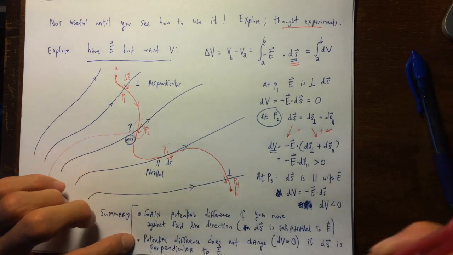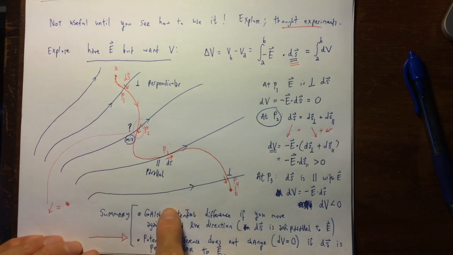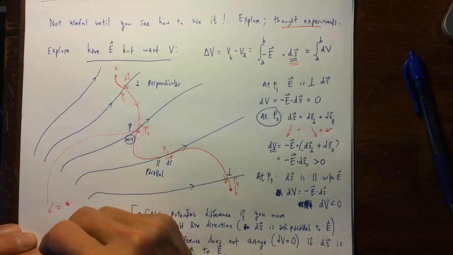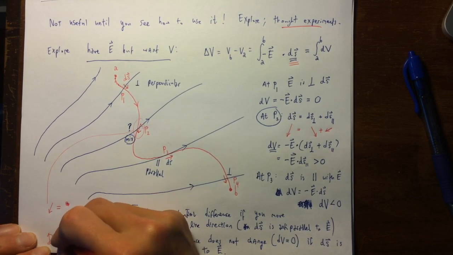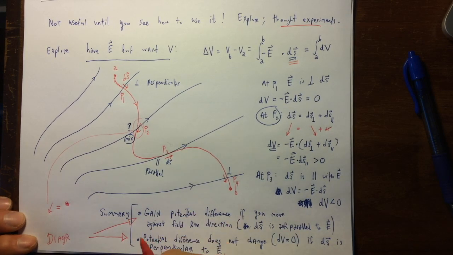This right here is an important point. Actually, both are important points, but for the purposes of a diagram later, the diagram is important for both points.